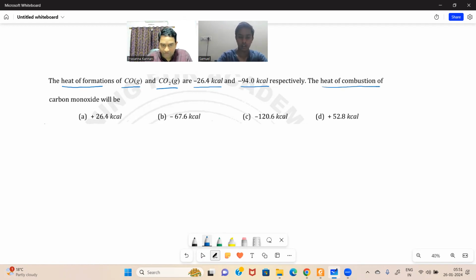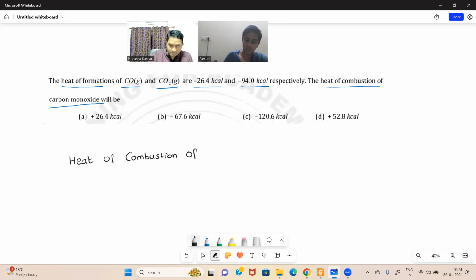What will be the heat of combustion of carbon monoxide? So what is the question? Find out the heat of combustion of carbon monoxide.